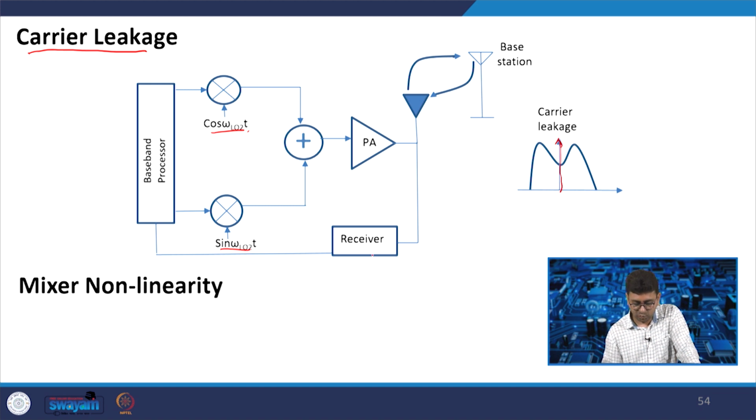That will leak to the receiver, and this leakage is very severe when we are using a direct conversion architecture, because your RF frequency and LO frequency are the same.